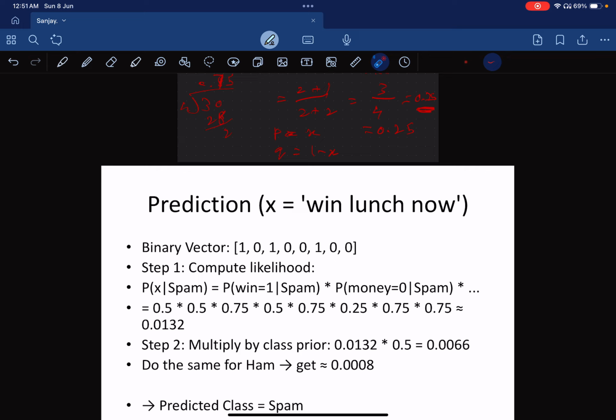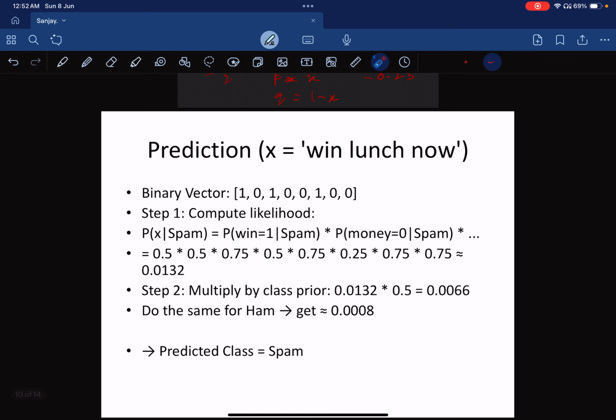So we don't want the probability of money belonging to the spam or not-spam class. In that case, we need to find the probability that the word money cannot be present in this class. You can understand that.